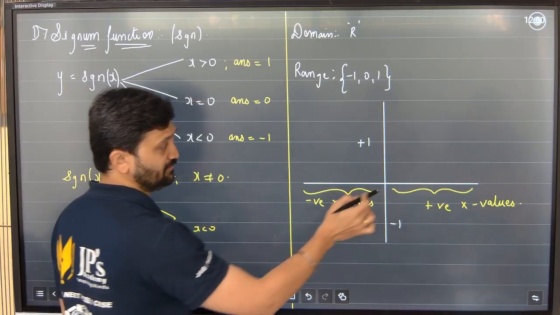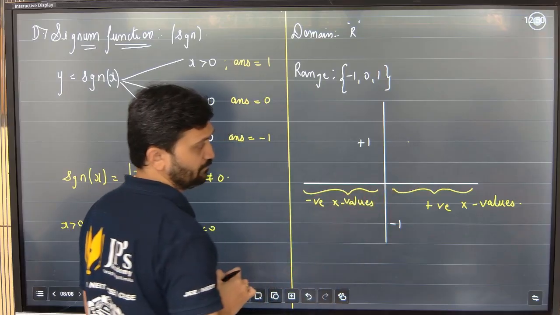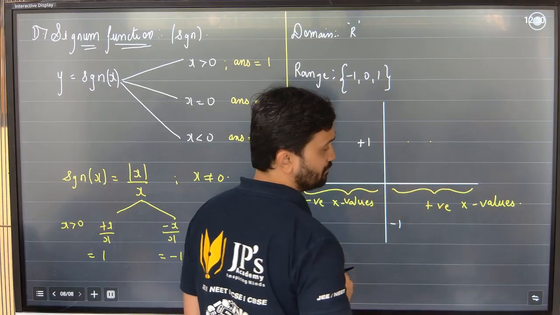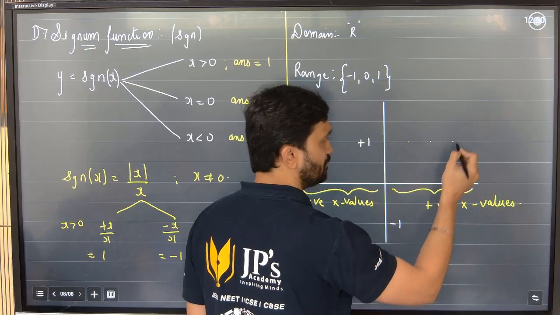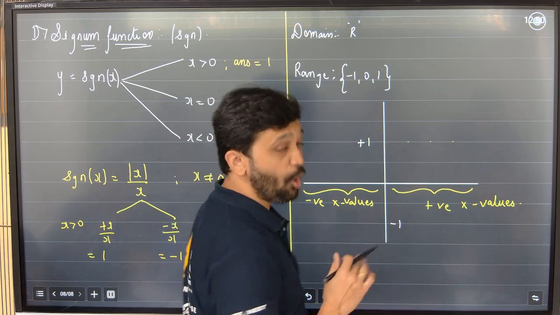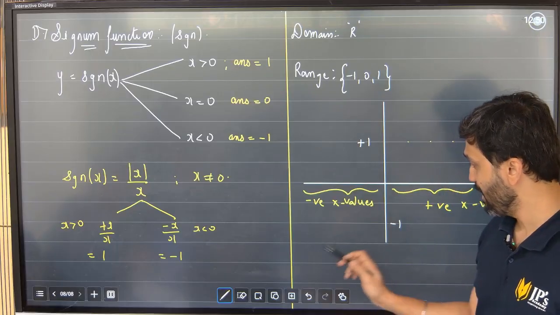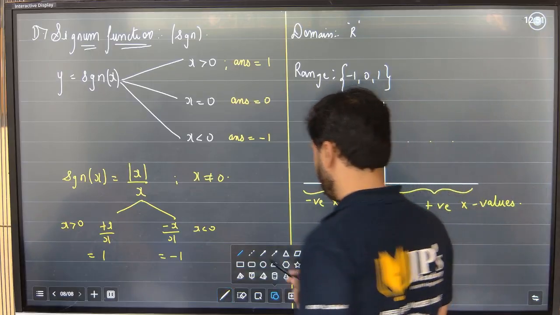If my x is 3, my value will be 1. If my x is 4, my value will be 1. If my x is infinity, not infinity but 1000, it will be 1. This means for all the positive values of x, my answer will be 1. The value of y will be 1. So my graph will be like this.